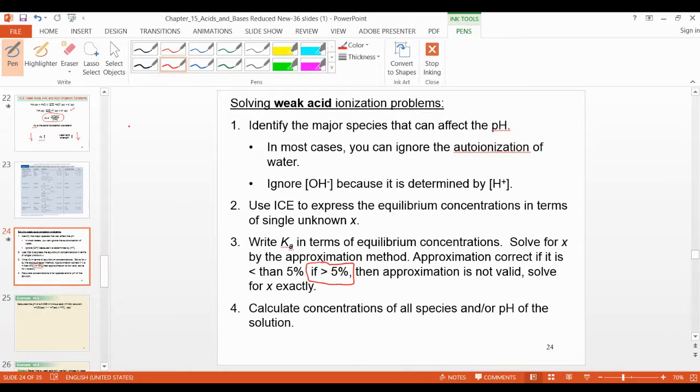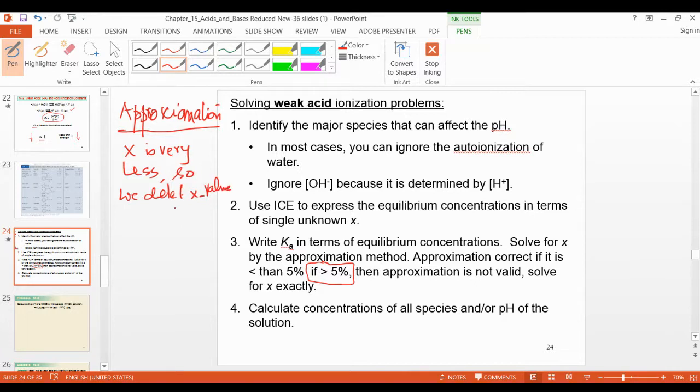So we have to calculate an approximation. What approximation? We will suppose the x value is very, very small, so we delete the x value. That is the approximation, right?